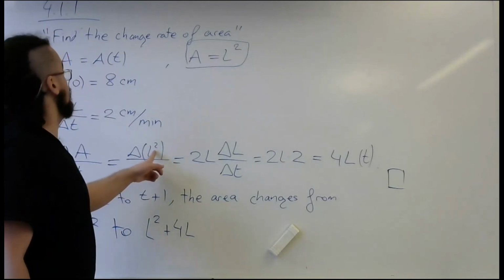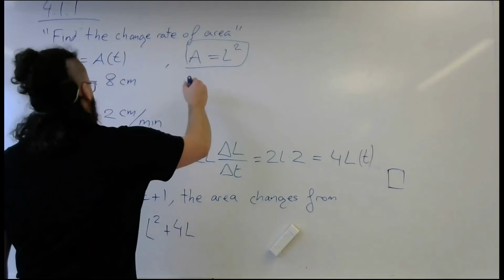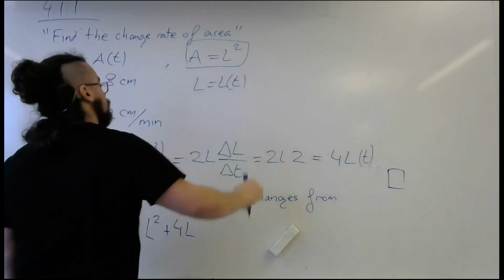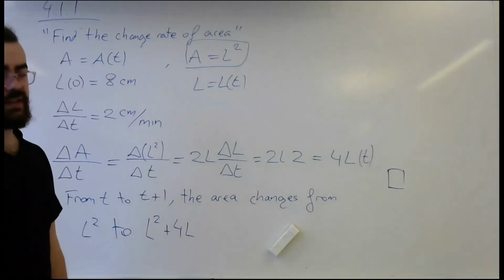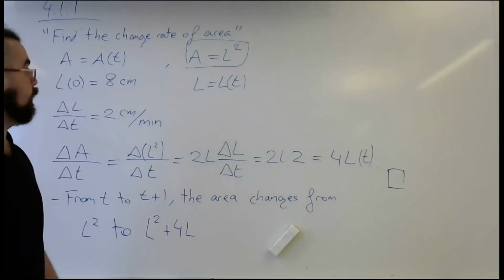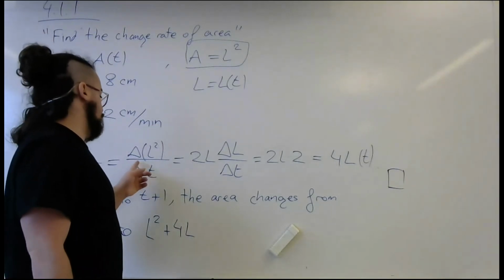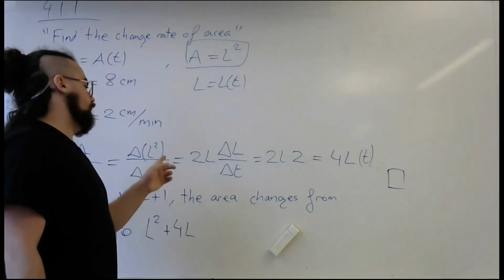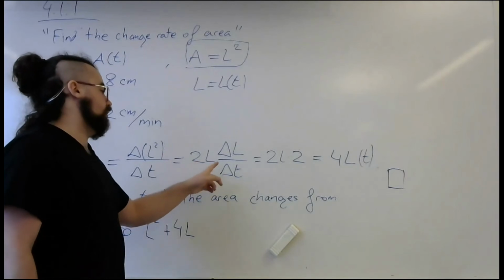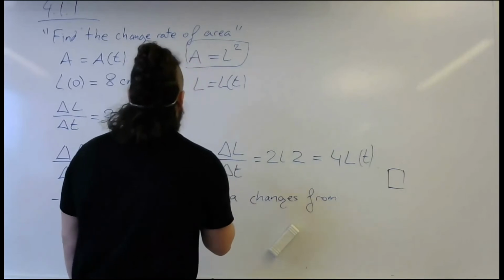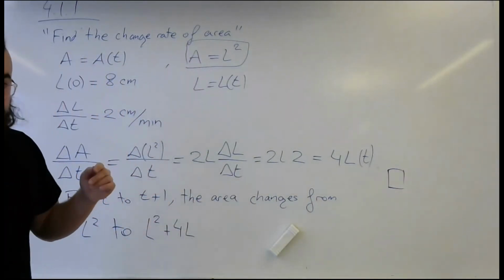This is the square of a function. We know that the side changes with time. I mean, we have it here. And so since this is a function of t, the derivative of the square of the function is 2 times the function times its derivative. This is implicit differentiation.